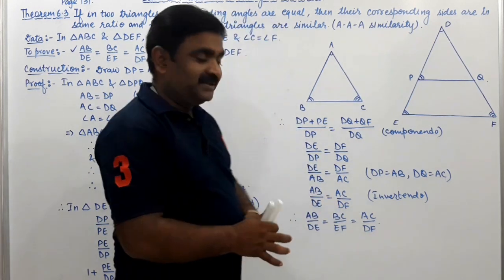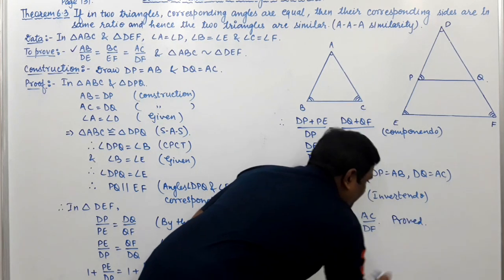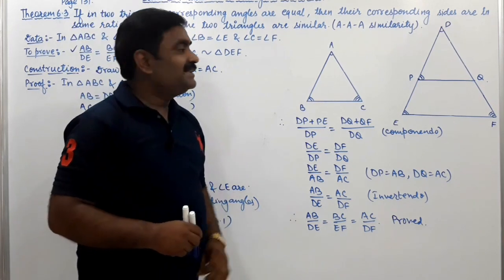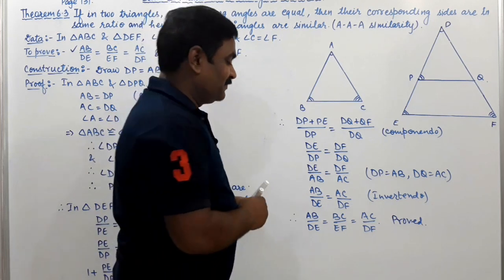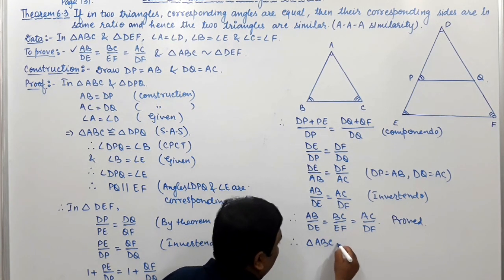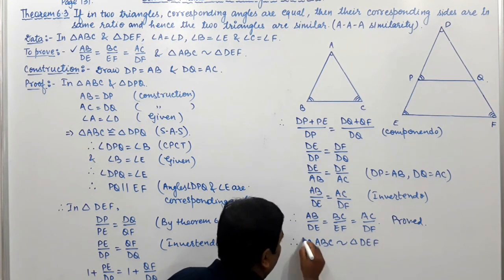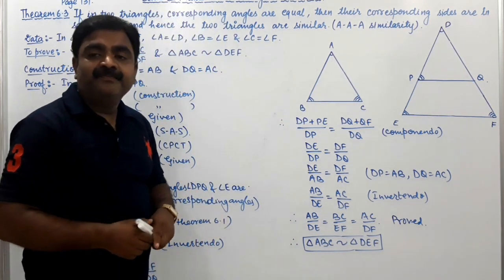This we have proved. Now based on these two conditions, you can say they are similar. So finally you got triangle ABC is similar to triangle DEF by the condition. Okay friends, any confusion?